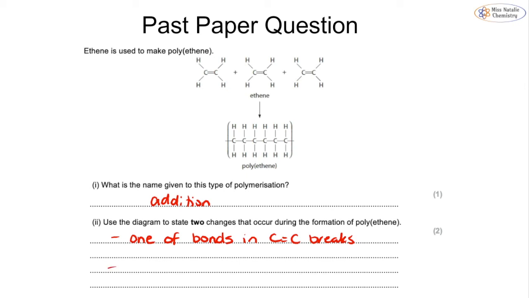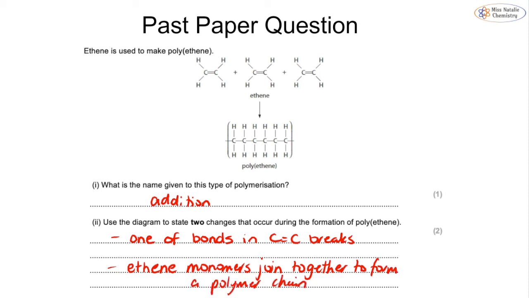And then what happens is we have the ethene monomers join together to form a polymer chain.